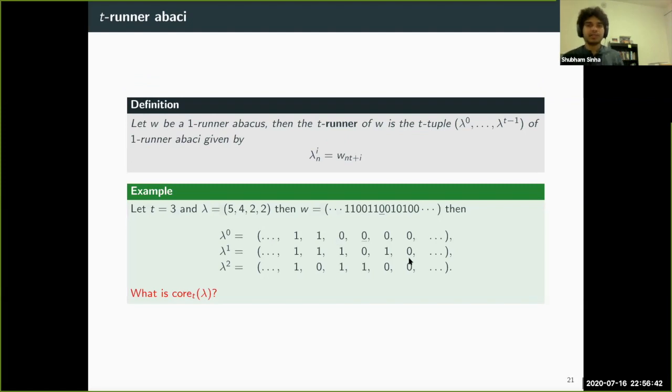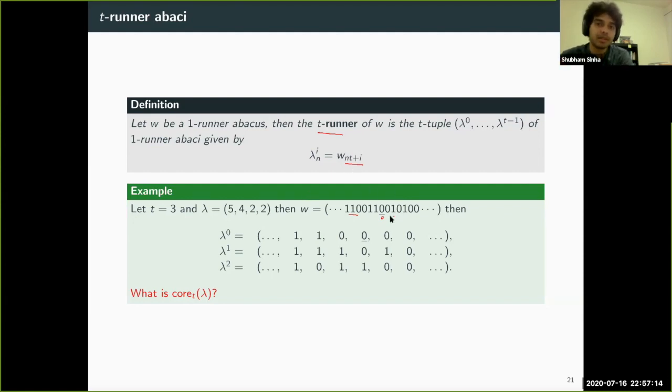Okay, since we are going to talk about T cores, that's the same as removing the ones exactly T steps to the left. So the only thing we care about is position. In terms of position, you only have to look at the ones which are T steps away from each other.